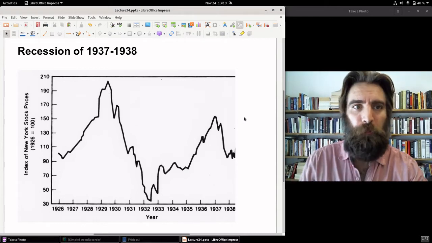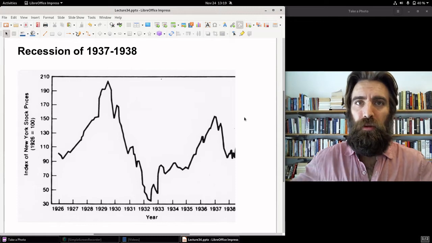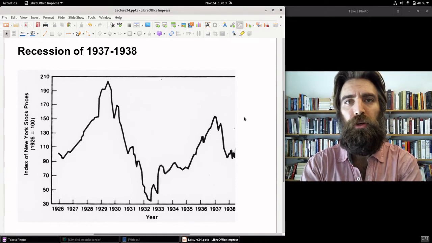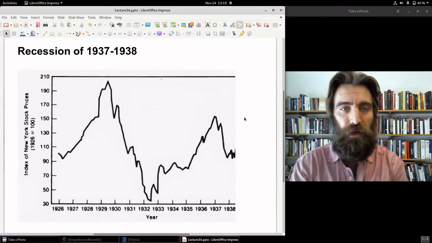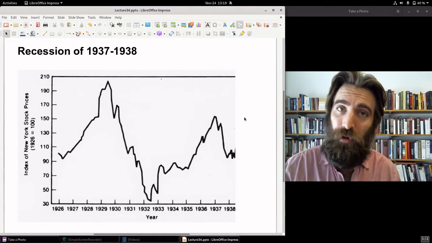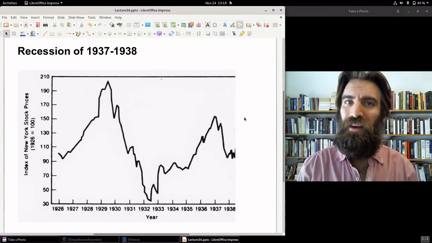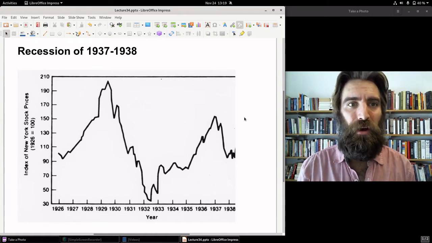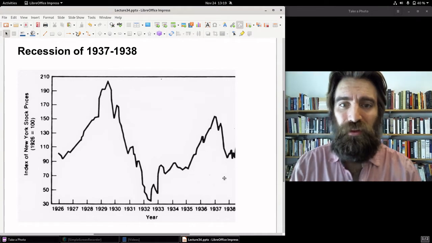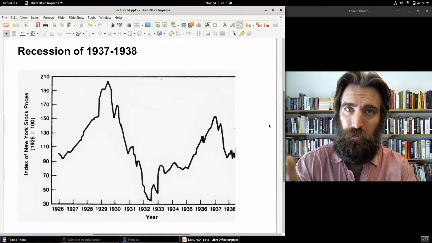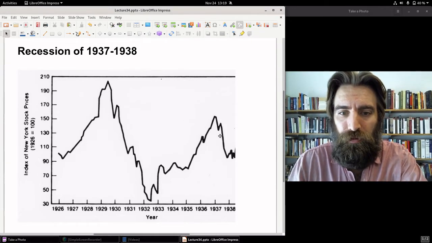And then in August of 1937, the stock market crashes again in what historians call the Recession of 1937, or what some contemporaries called the Roosevelt Recession, because by this point, FDR has been in office now for 4.5 years. This is clearly on him from the public's angle, and that's a big dive.